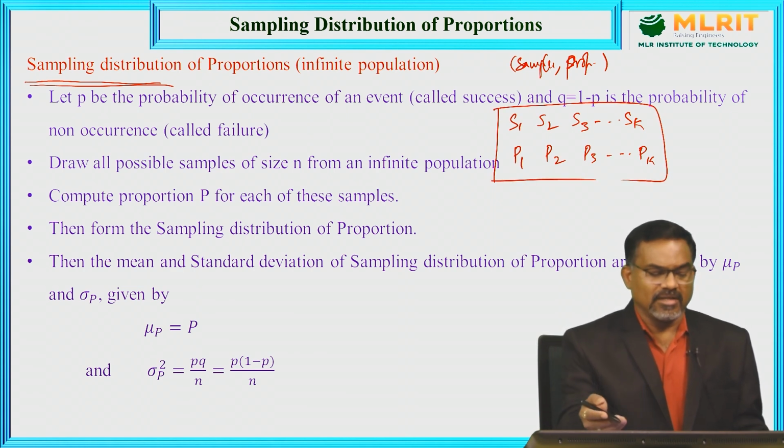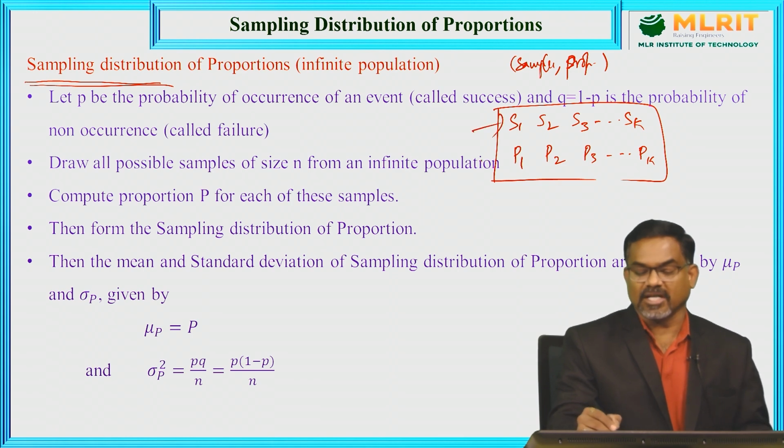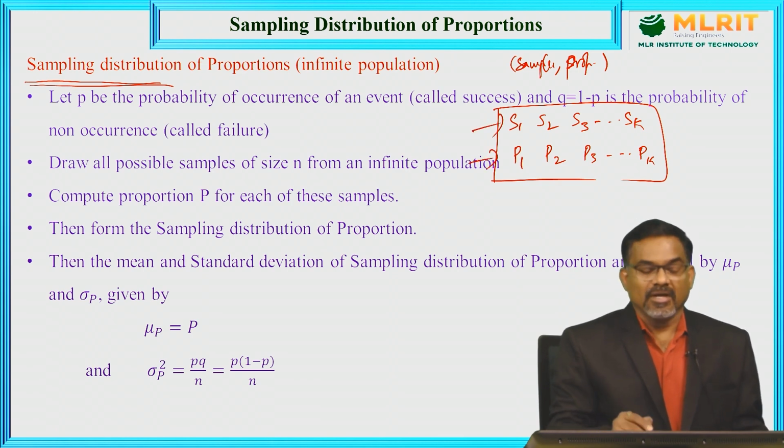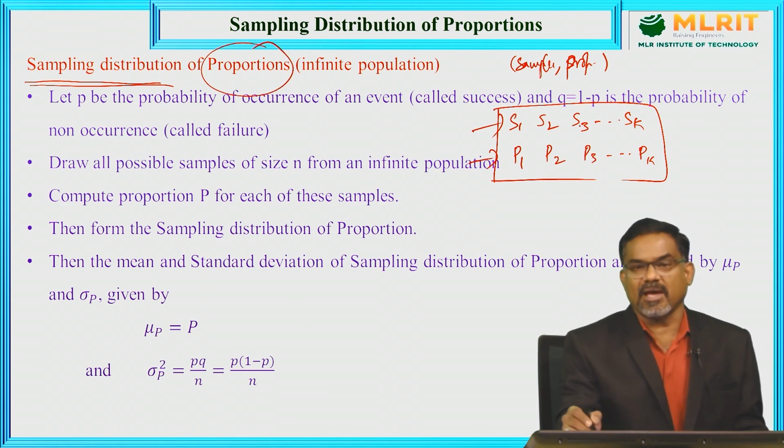Now, if we find the proportions for each and every sample, that is called sampling distribution of proportions.